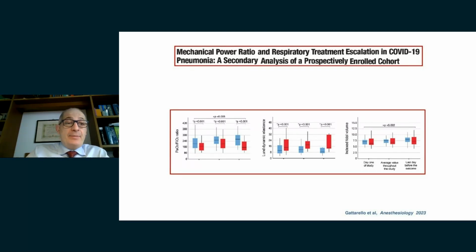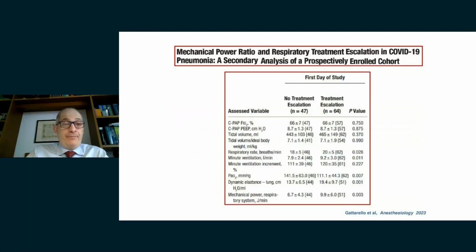And as you can see, at admission, patients who did not receive intubation and mechanical ventilation present a higher oxygenation and a significantly different tidal volume. And here are the numbers. So patients who continued non-invasive ventilation compared to patients who stopped and received invasive mechanical ventilation and were intubated.